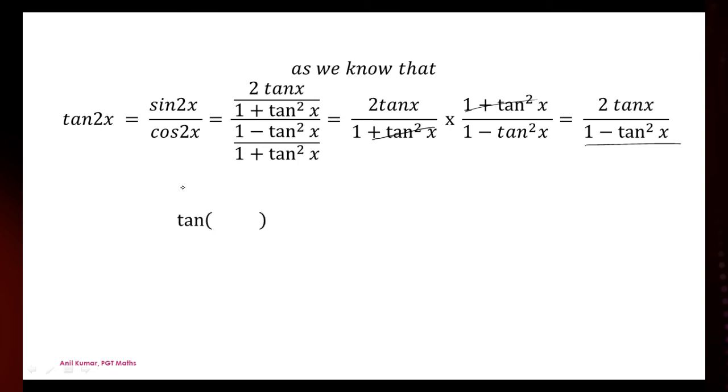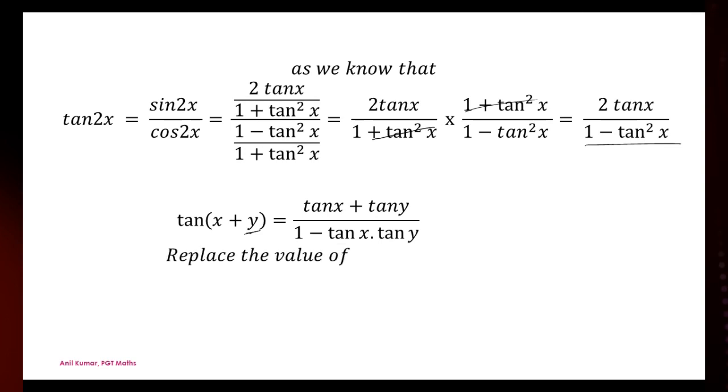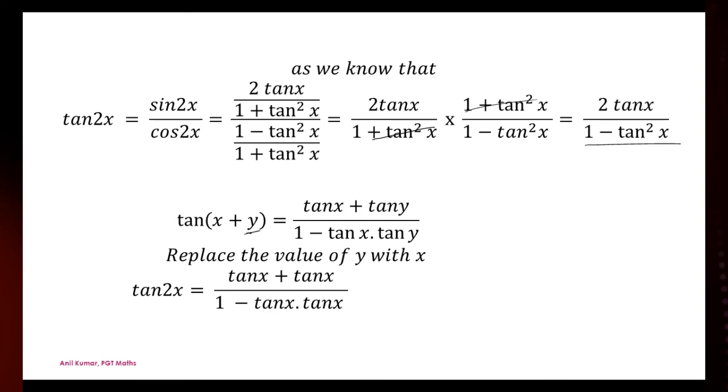The other way is to use the tan(x plus y) identity, which is (tan x plus tan y) by (1 minus tan x tan y), and replace y with x. This gives tan(x plus x), so tan 2x.